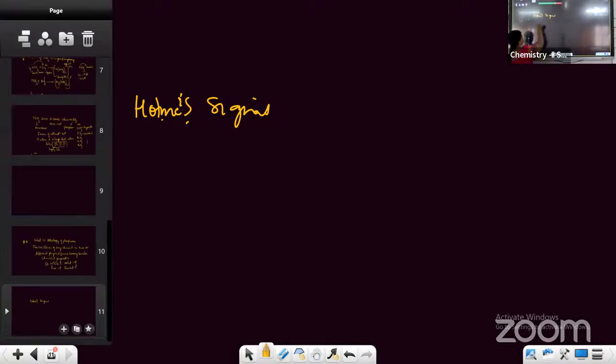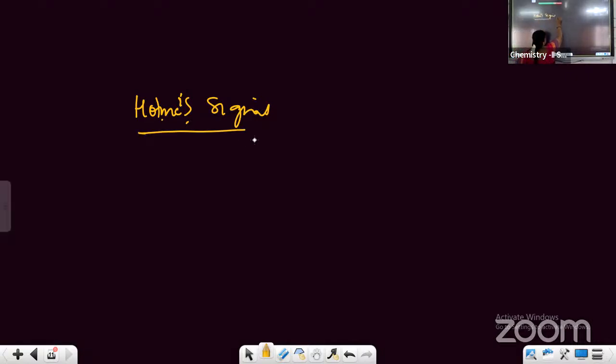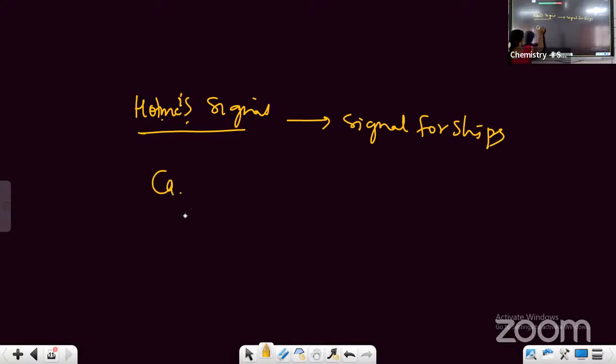The next, Holmes signal. Home signal. Here, what is this home signal? This serves as a signal for ships. Here we'll take calcium phosphide, Ca3P2.